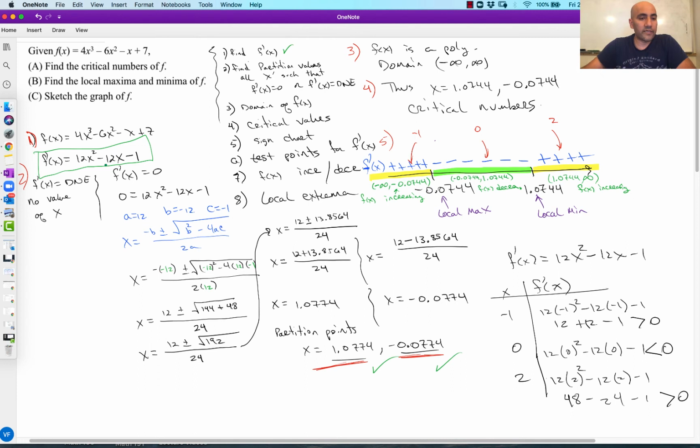For this function, because it's a polynomial, there won't be a case where we have an undefined, but look out for situations where you might be dividing. Remember that the denominator of a fraction can't be equal to 0. Or if you're taking the square root, the even root of a function, make sure that you're not accidentally taking the even root of a negative number. So those are things to look out for.